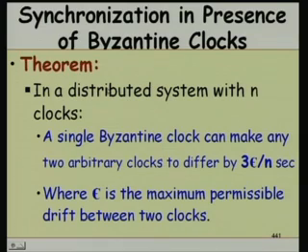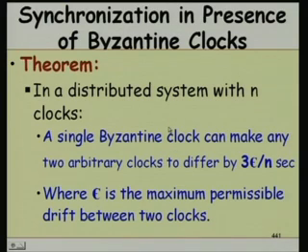The result is the effect of a single Byzantine clock. This is stated in the form of a theorem: a single Byzantine clock can make any 2 arbitrary clocks differ by 3 epsilon by n, where epsilon is the maximum permissible drift between 2 clocks, that is, the modulus of Ci minus Cj is greater than epsilon, and n is the number of clocks in the system.